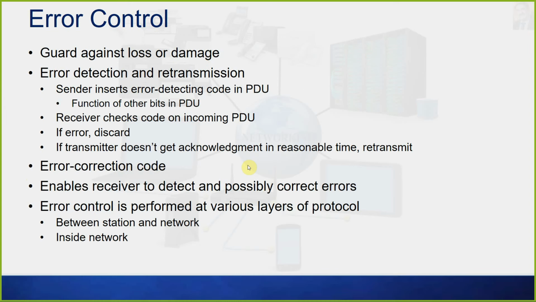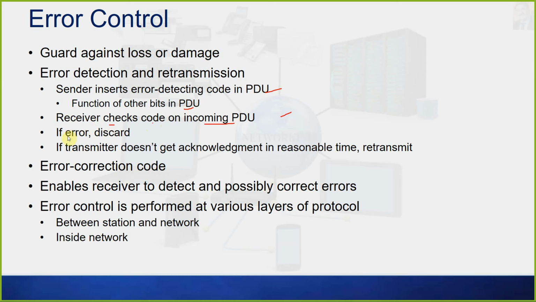Then we also need error control. This guards against loss or damage, through error detection and retransmission. The sender inserts an error detecting code in the PDU, a function of the other bits in the protocol data unit. The receiver checks the code on incoming protocol data units.